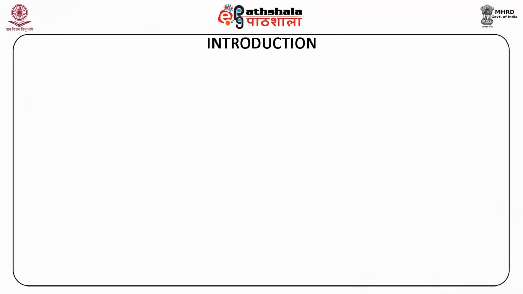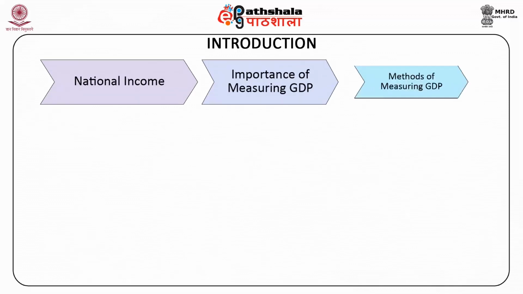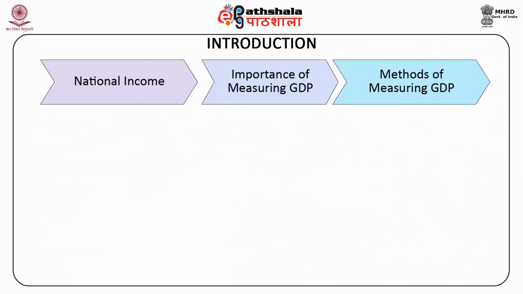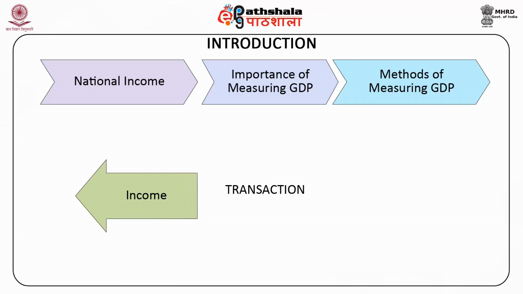We already know the concept and coverage of the national income or GDP and the importance of measuring it. This module helps in explaining how we can measure the national income. The circular flow of income suggests that every transaction has two sides, the income or the output side or the expenditure side.